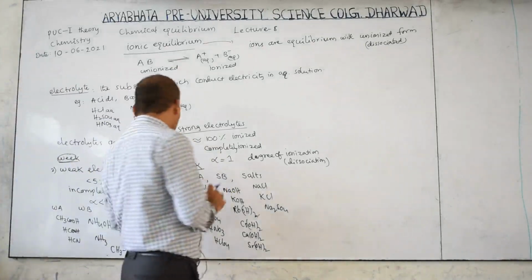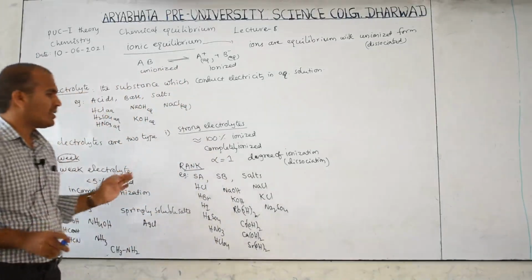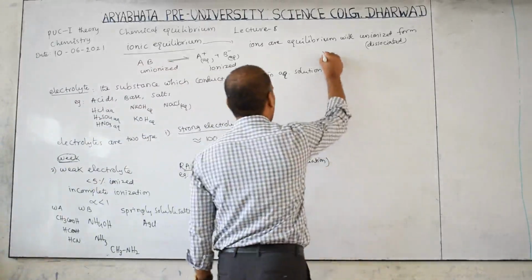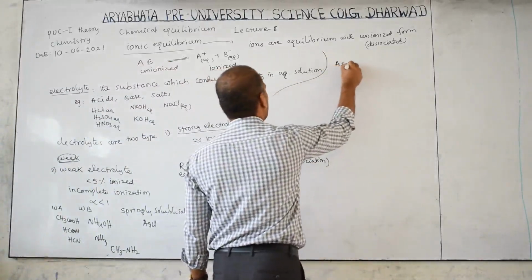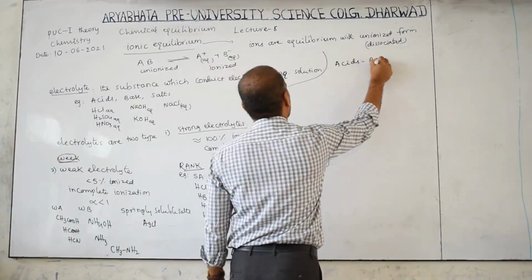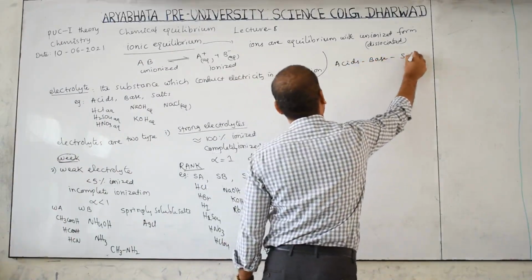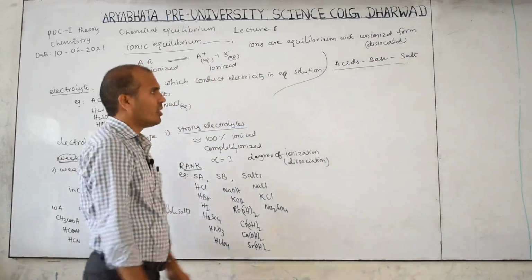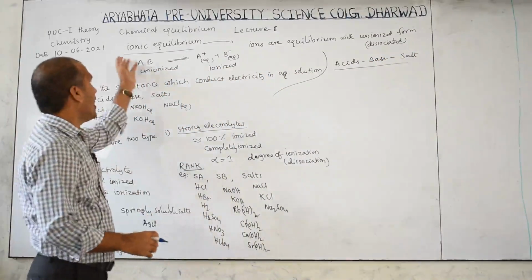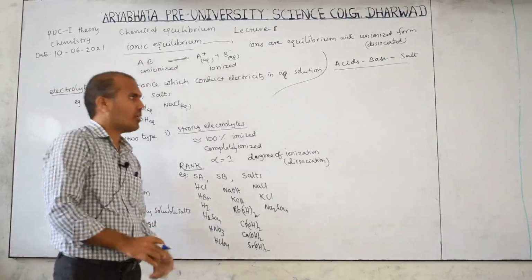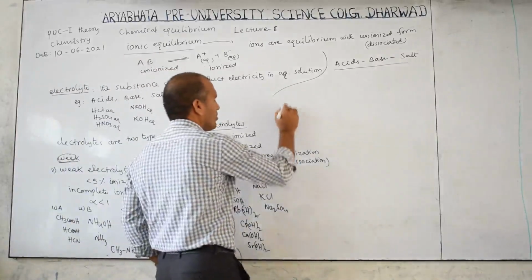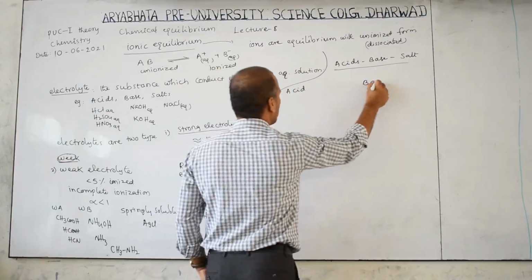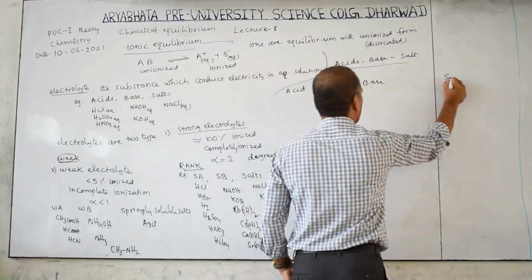And next, whatever terms we discuss here, acid, base, salt, in our daily life these are very, very important: acids, bases and salts. If you complete these three topics, then this ionic equilibrium part will be complete. So first I want to give the difference between acid, base and salt.